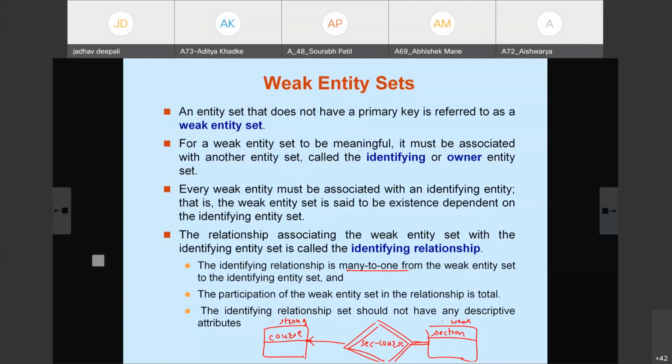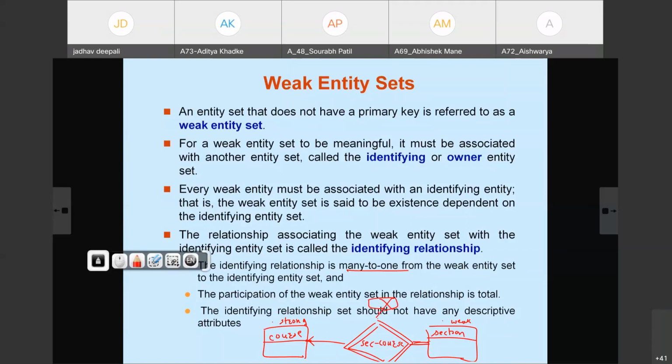So every section entity participates in the section course relationship set. That is total. And the identifying relationship set should not have its own descriptive attributes. Means for this, no descriptive attribute is there. Why? Because it is a relationship set between a strong and weak entity set.